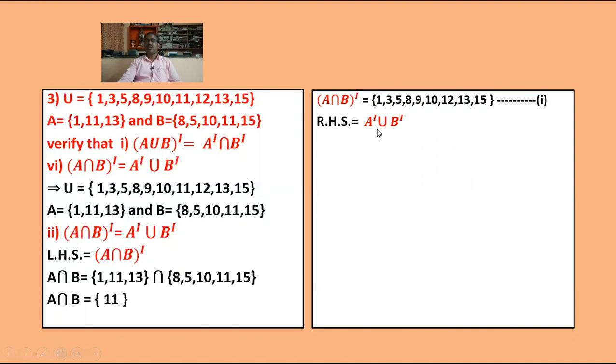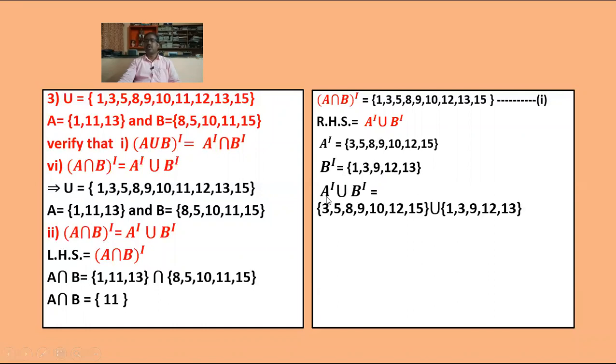RHS side is A complement union B complement. First, to find A complement, all elements in U but not in set A. A complement is equal to 3, 5, 8, 9, 10, 12, 15. The next, to find B complement, all elements in set U but not in B. B complement is equal to, in curly brackets, 1, 3, 9, 12, 13.